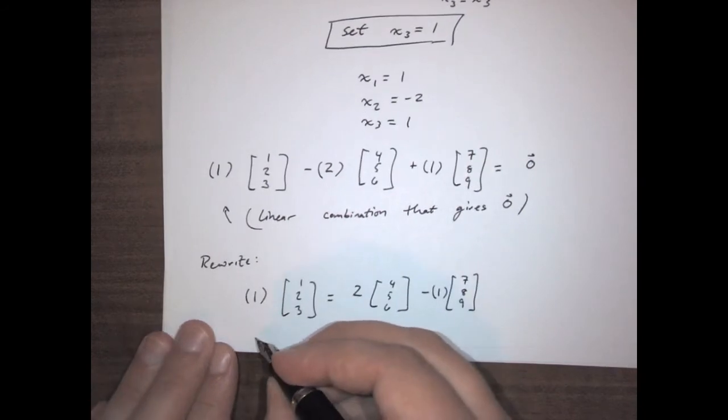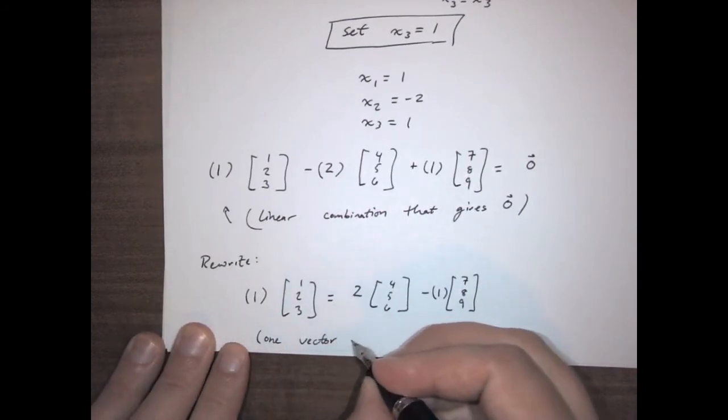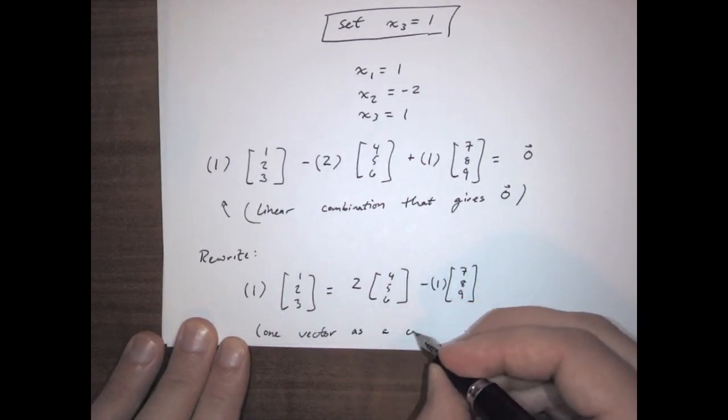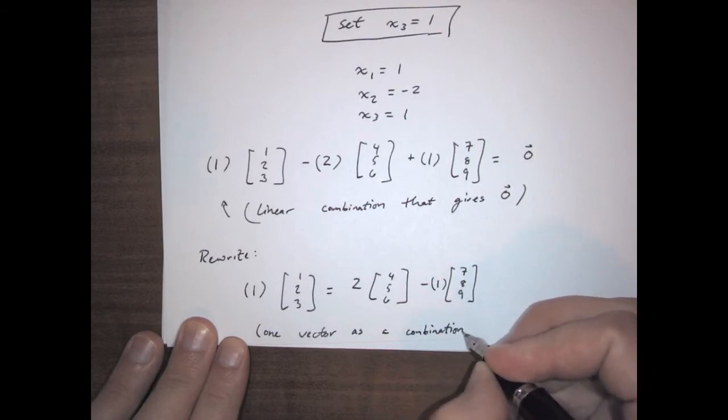And this gives one vector as a combination of the others.